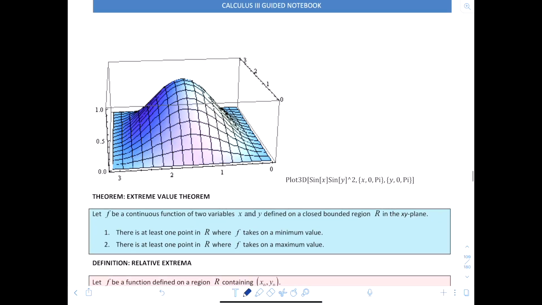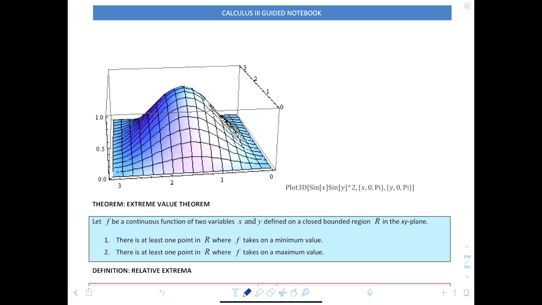So in space, we're thinking, if there's a tangent plane, say, right around here, whatever that value is, there's a horizontal tangent plane. Let me do my best to make this horizontal.